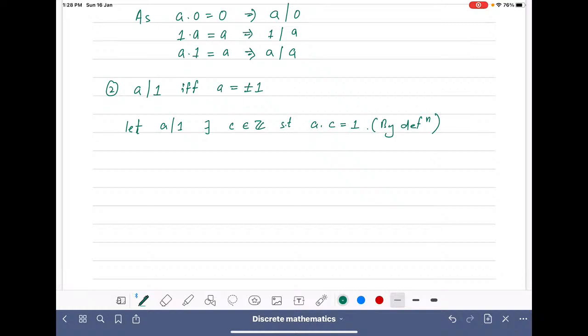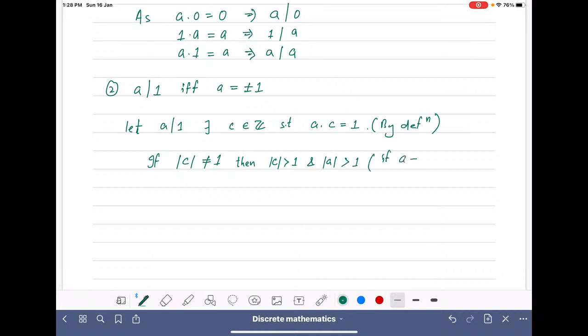Now if a is not equal to plus or minus 1, then c is also not equal to plus or minus 1, or if mod c is not equal to 1, then as it is always positive, mod c will be greater than 1, and we also have taken mod a to be greater than 1.